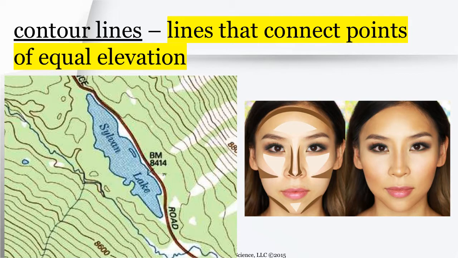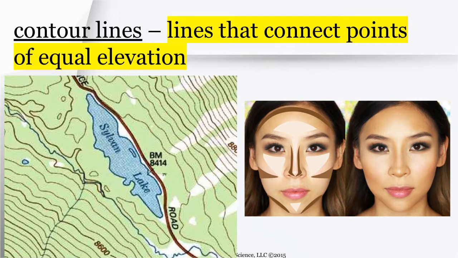So those contour lines, these are these little brown lines, all of these little squiggly lines that you can see on a topographic map. And normally you don't see those on a regular road map or a Google map, right? These lines show us the elevation.